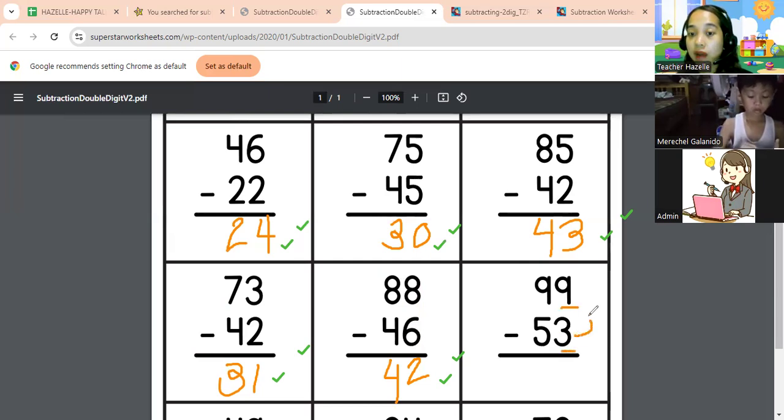So from 3, you have to count until you reach number 9. Okay? Nice try. Keep going. Nine minus 3 equals?